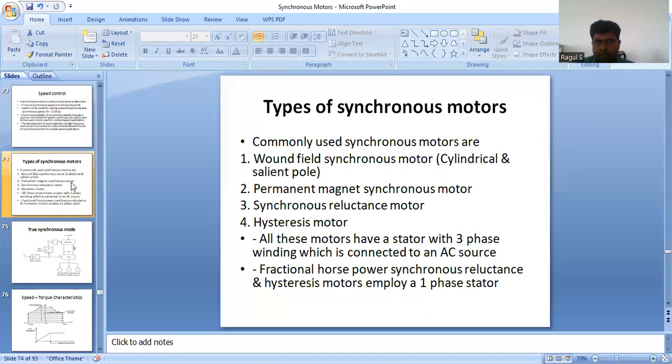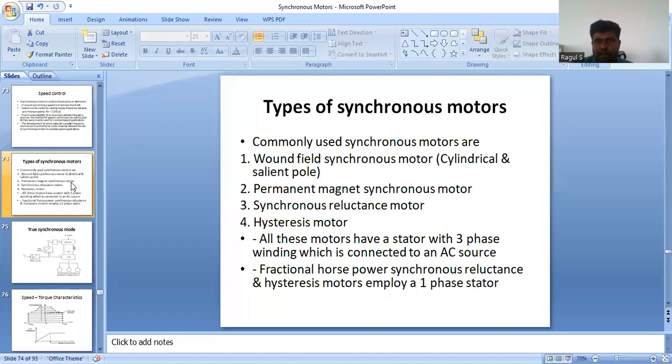Common types of synchronous motors are the wound field synchronous motor, the permanent magnet synchronous motor, and in some cases the hysteresis motor or the synchronous reluctance motor.